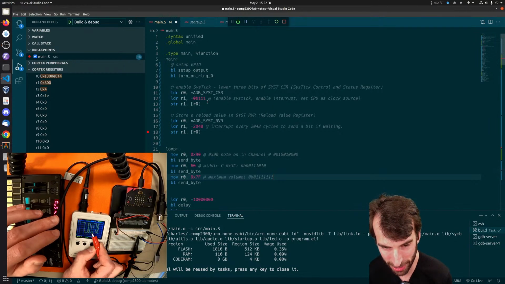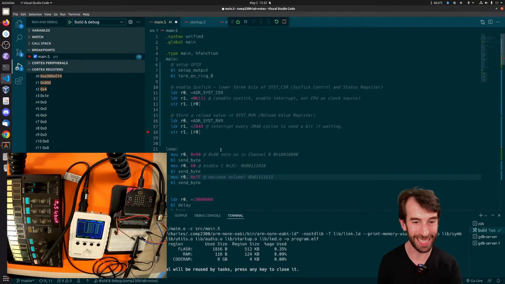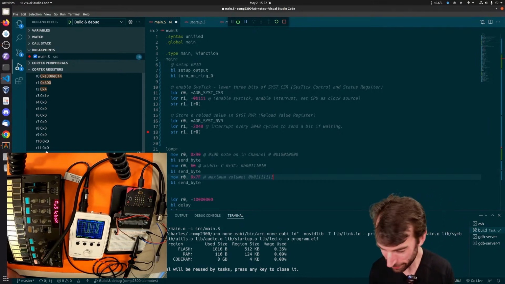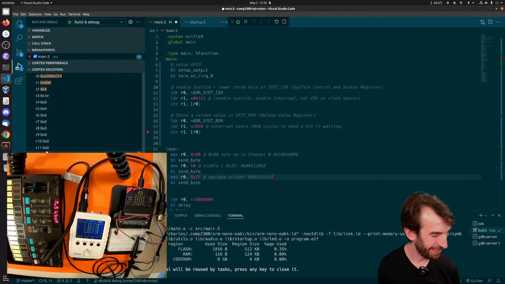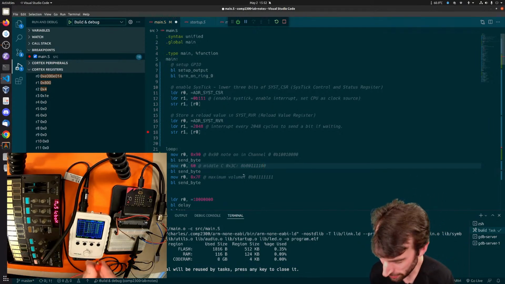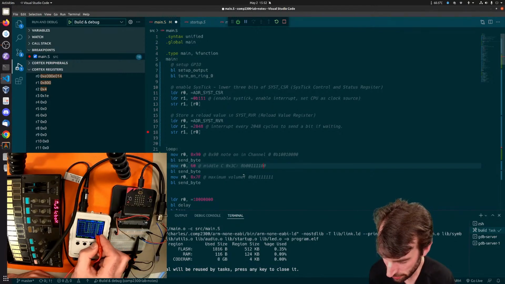Oh, I got that wrong, 3C. I've forgotten the bit pattern for 3C. Someone tell me the bit pattern for 3C? C is 12. Yeah, so there's 3 0s, then 4 1s, then another 1.